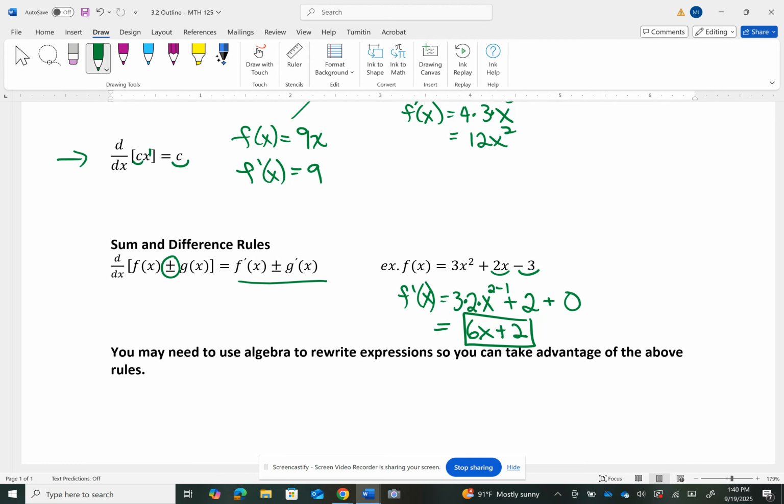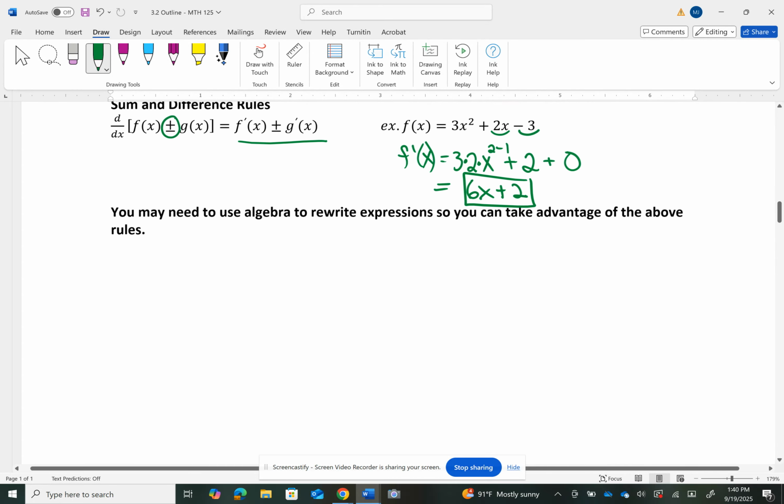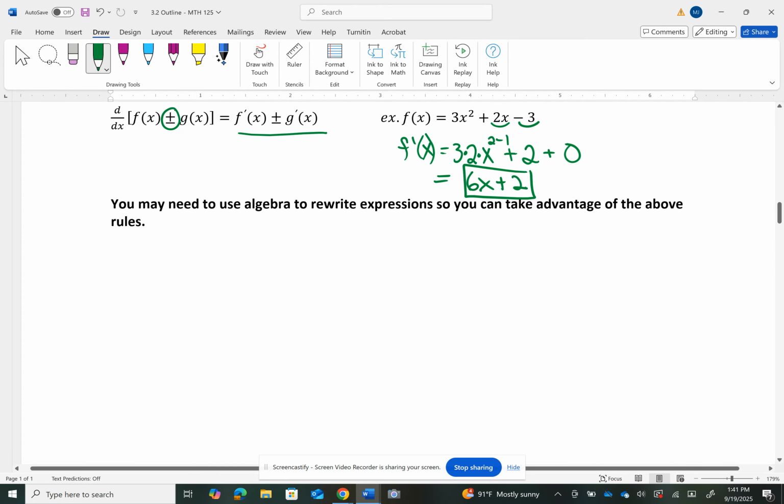Now, you may need to do some rewriting to take advantage of those rules. You want to take a moment to review the exponent rules we did earlier and understand a few other things that might help you.